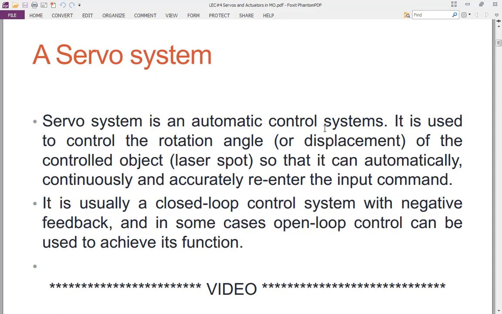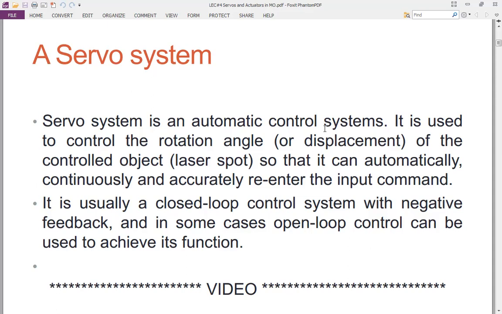A servo system is basically referred to as a closed loop system. A closed loop system is a system that has an input command and an output, and the output is continuously being compared with the input, for the simple reason of checking whether the desired output is achieved.